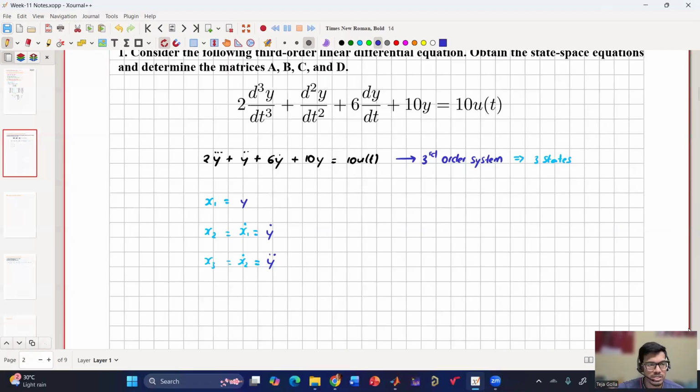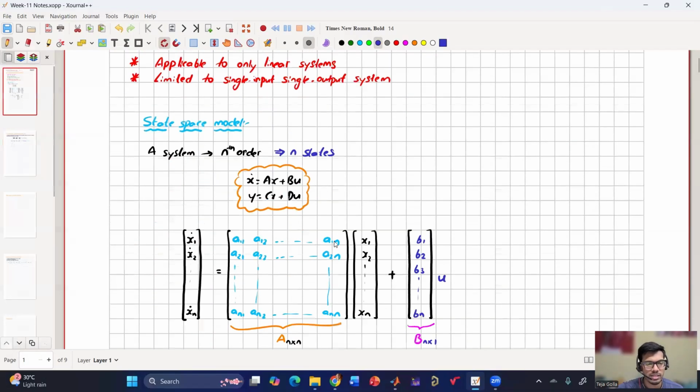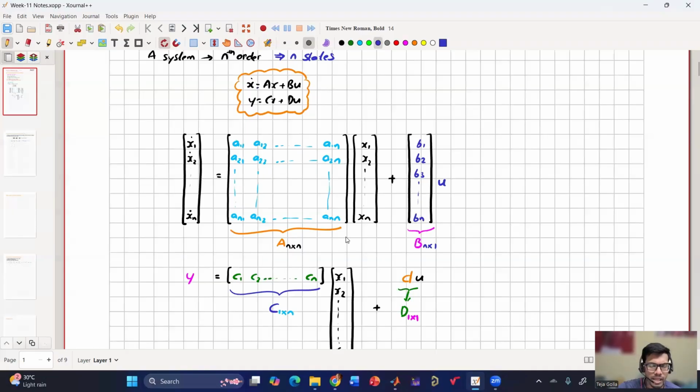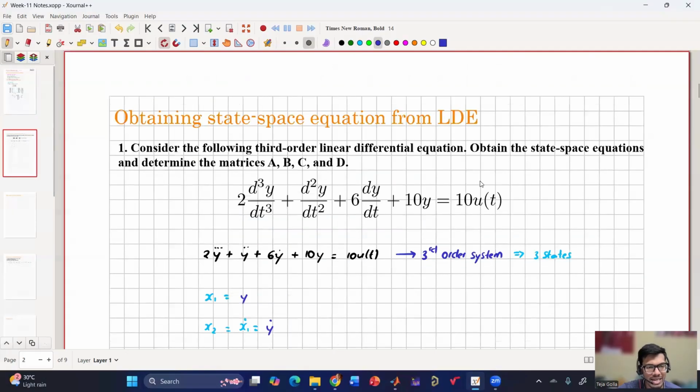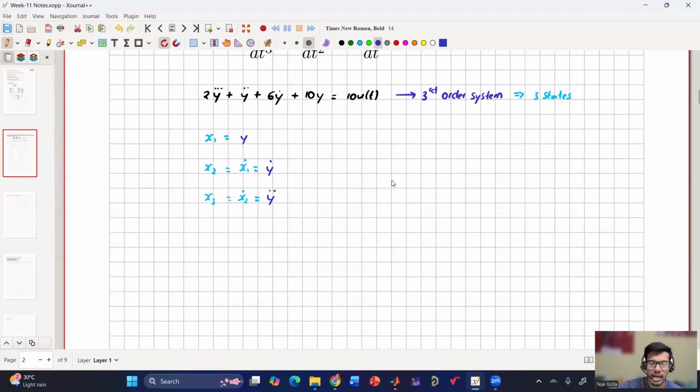And if I go back to the state space modeling, I can see that in this matrix, or I would say each line, LHS is x1 dot and RHS consists of x1 as well as u. So now I have to calculate x1 dot, x2 dot, x3 dot, and based on that, I'll be getting my relation between the state vector derivatives, the state vector, and the input.